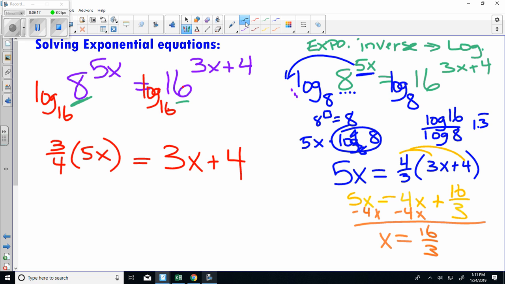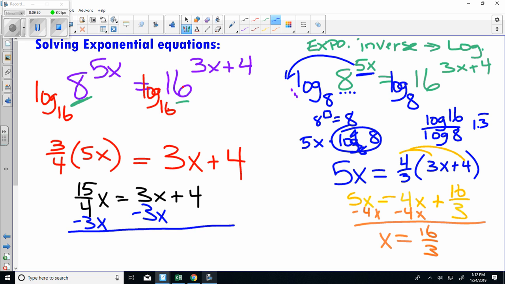And then 3/4 times 5 is 15 over 4x equals 3x plus 4. If you subtract 3x, you get 4. And let's see, 15 over 4 minus 3, which is 12 over 4, that would be 3 over 4x.